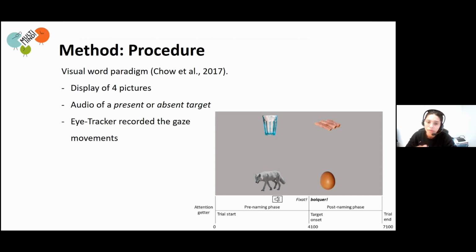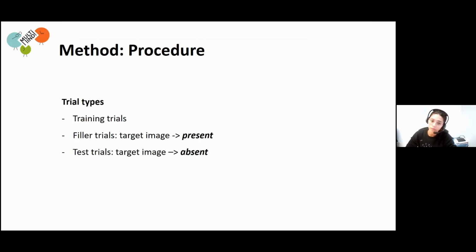In this study, we included different types of trials. Initially, we included 4 training trials that had the main goal of familiarizing children with the task, that is, they need to get used to the presence of 4 pictures and the name of one of the pictures. Then we presented blocks of 2 test trials and 1 filler trial, alternated.